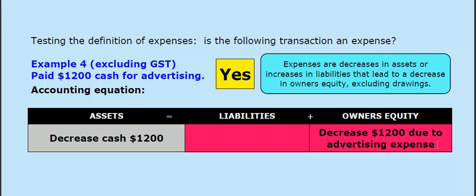So it does meet the definition of an expense, which is a decrease in an asset or an increase in a liability that leads to a decrease in owner's equity excluding drawings. Later in the course we'll look at examples that are consistent with this part of the definition, increases in liabilities. That comes later in the course.